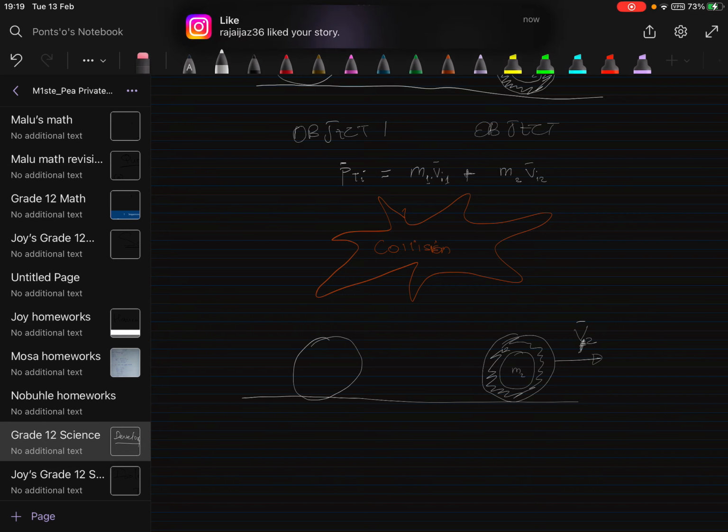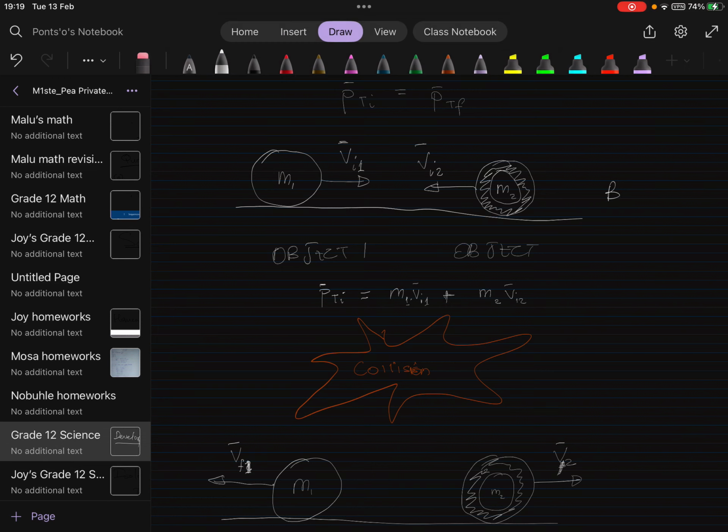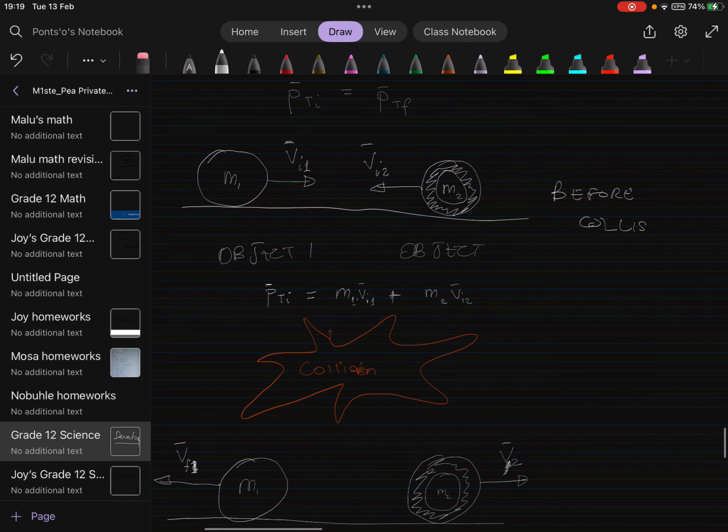So it has now velocity 2, which is its final velocity for object 2, just as object 1 has its final velocity, right? And the total momentum there becomes the sum of the momentum of object 1 and the momentum of object 2.